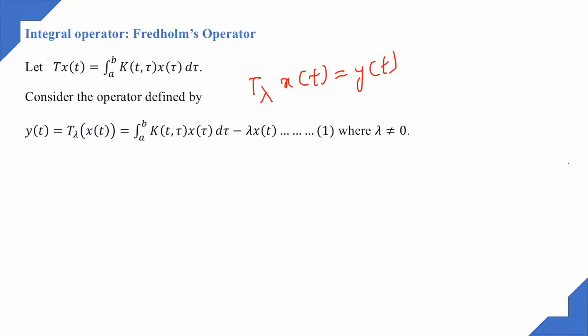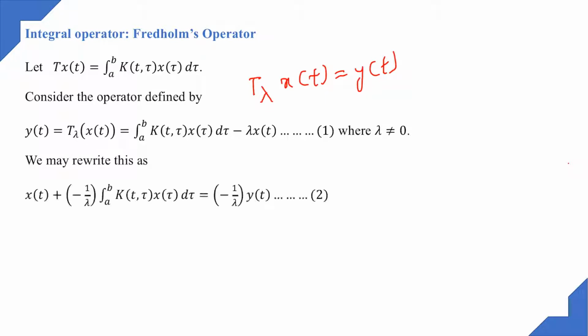So what is meant by T_lambda of x(t)? It is T of x(t) minus lambda times x(t), meaning the integral from a to b of k(t, tau) x(tau) d tau minus lambda times x(t). We will call this y(t), and here I am taking lambda not equal to 0.